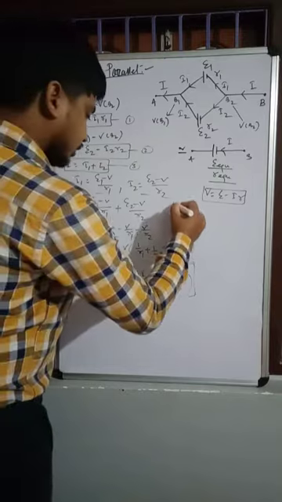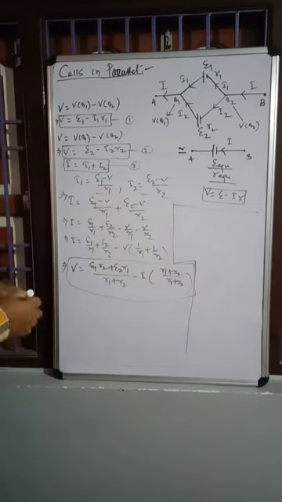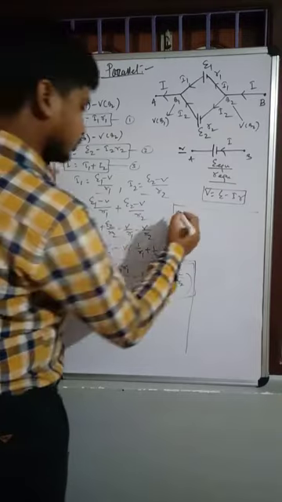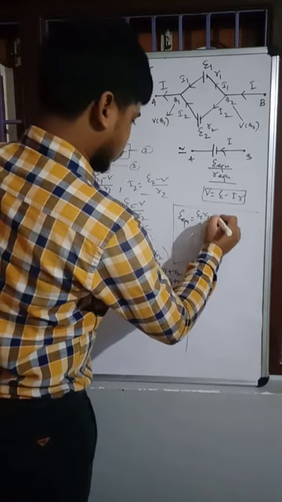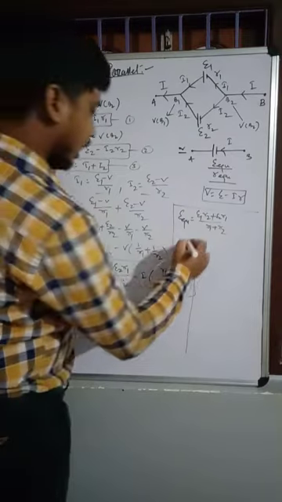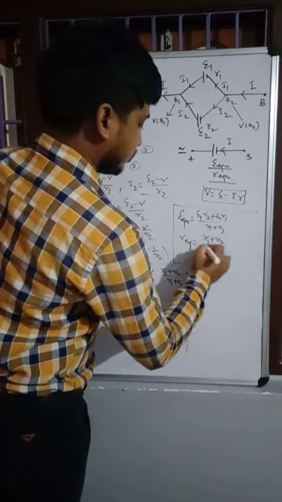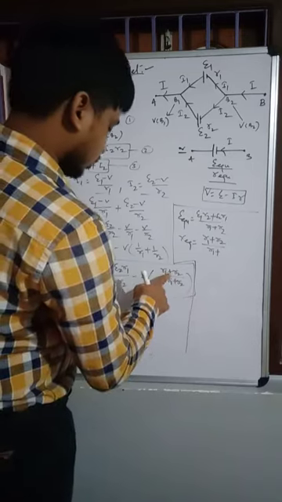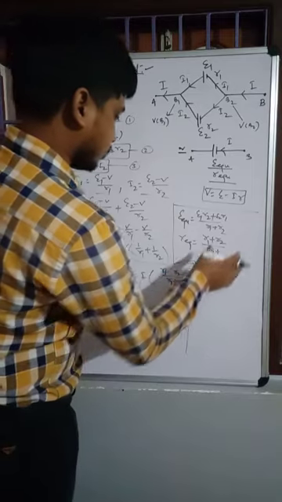Hence, in this parallel connection, the equivalent EMF will be E equivalent equal to (E1 R2 plus E2 R1) by (R1 plus R2), and R equivalent will be equal to R1 R2 by (R1 plus R2).